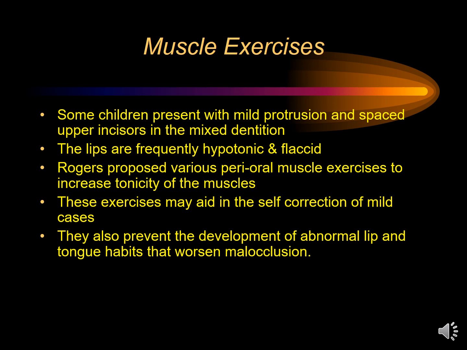They also prevent the development of abnormal lip and tongue habits that worsen the malocclusion. The muscle exercises must be done at least 30 minutes a day for 4 to 5 months.